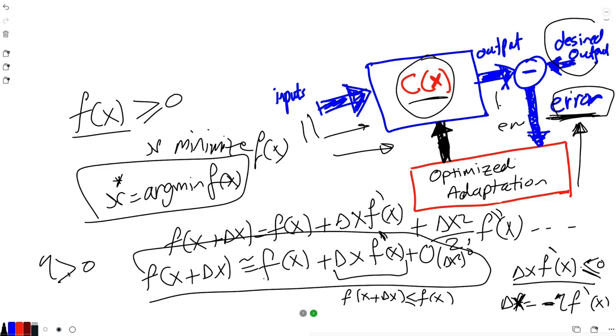We will see later that eta must be less than 2 as well. If eta is large, then this algorithm can diverge. Even if it is less than 2 or less than 1, if it is large enough it might overshoot the direction, so we can go beyond the minimum point, and then it can diverge again.